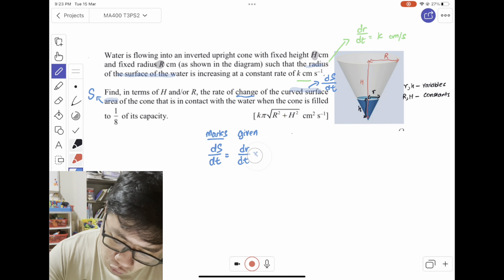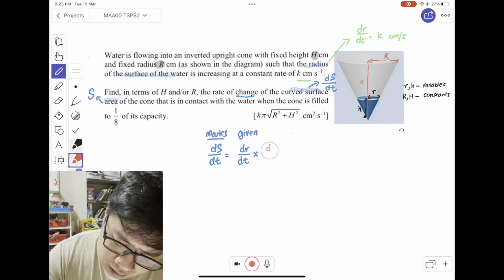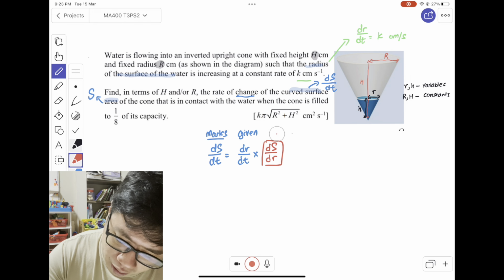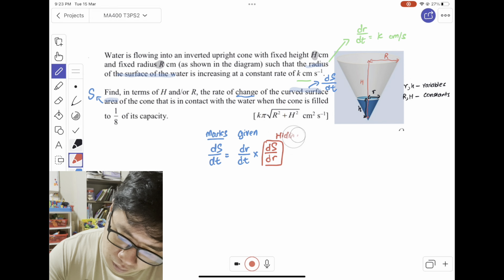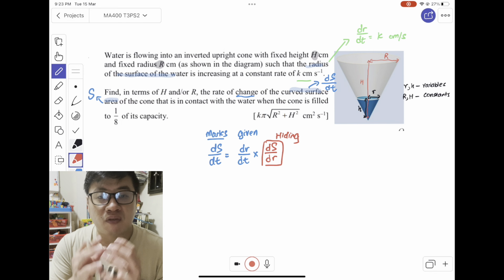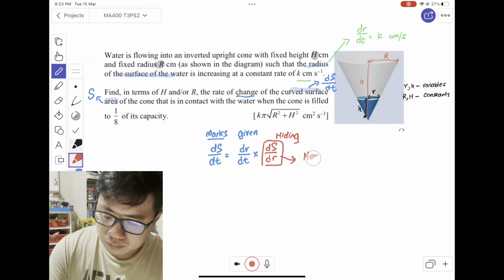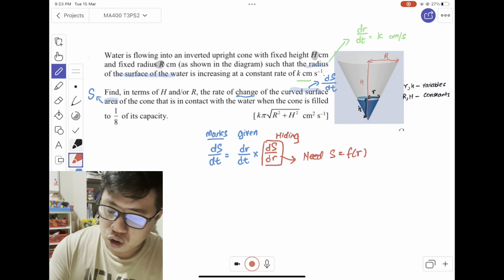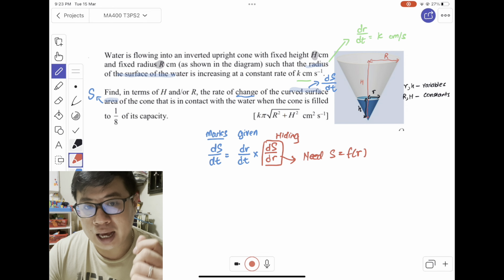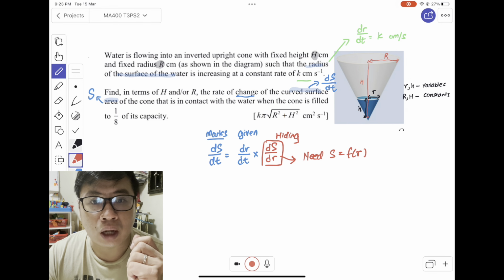Forming the rate of change equation, the last one you need is probably dS/dr. This is the one that's hiding. It is a hint to you that you need the surface area as a function of r so that you can do dS/dr, which is what we are going to do now.